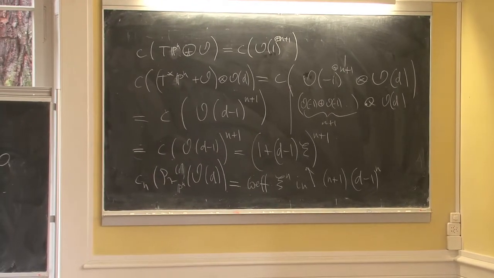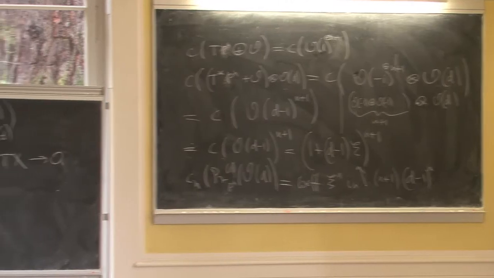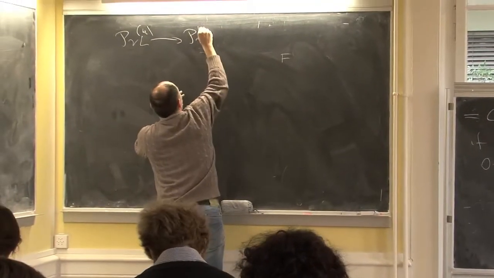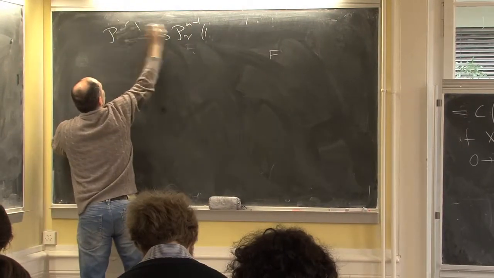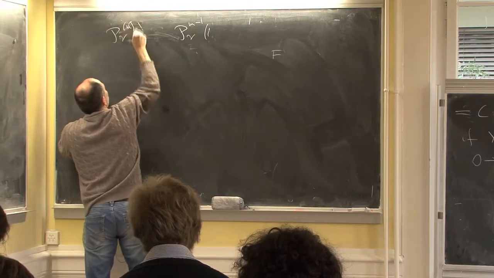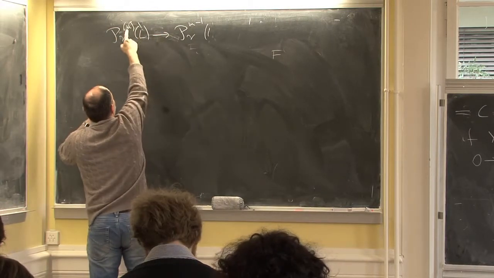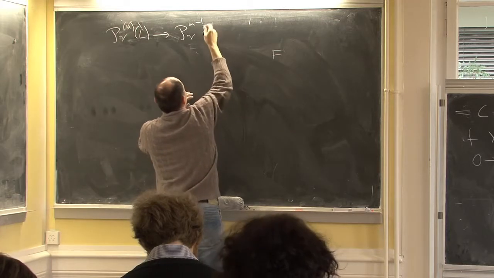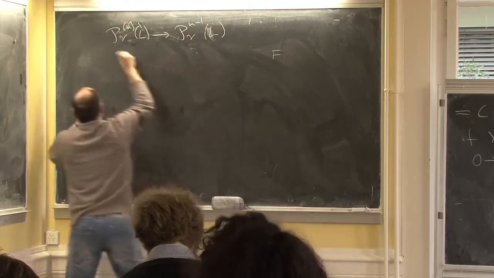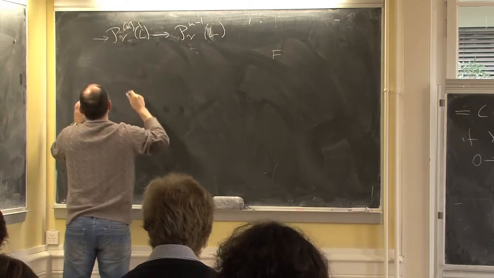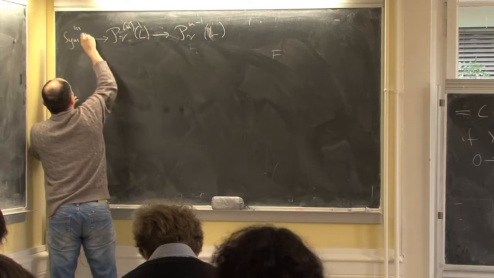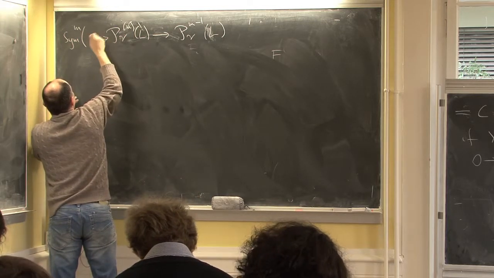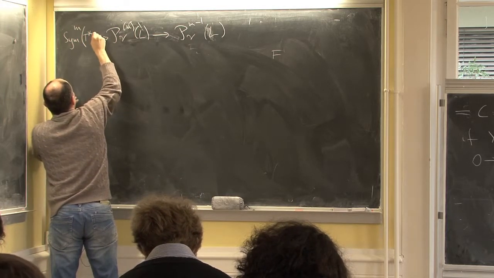You have P^{r}_{m} going to P^{r}_{m-1} L. I did this for m equals 1, but it's true in general, and the kernel here is just the mth symmetric product, tensor product of T star, of this bundle T star.